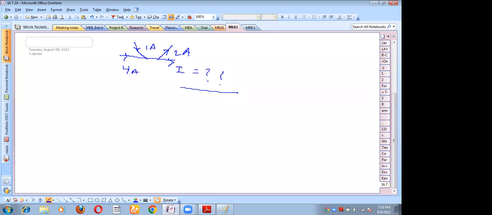A wire has junctions like this. So we have to find the value of current I.